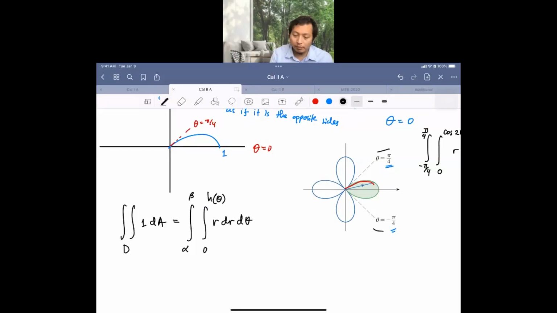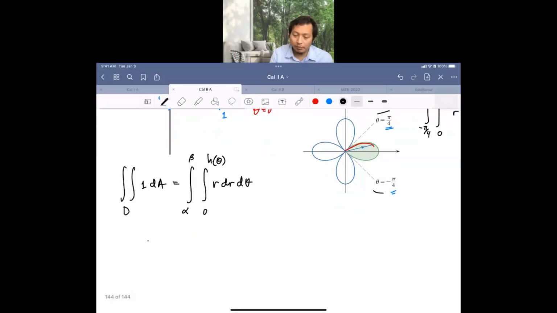Now, if we try to solve this, this is just to remind you of what we have in chapter 10. Alpha, beta, and we integrate r to become r squared over 2, taking h theta, d theta.